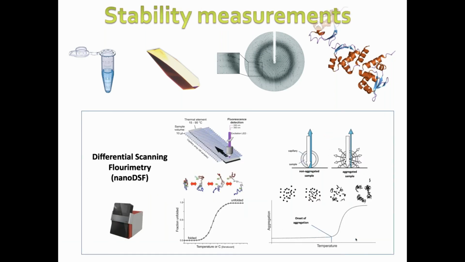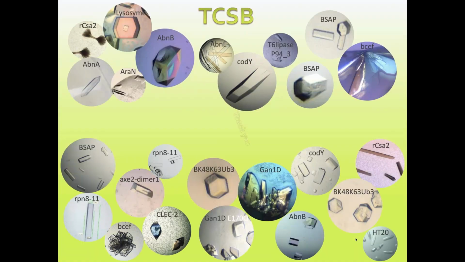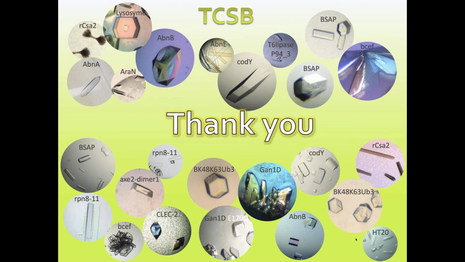So this is DSF. I will not explain much about it, but this is our biophysical unit. Many labs who are not interested in solving structures and just are interested in understanding whether the protein is stable or aggregated come and use our DSF. So basically, this is the TCSB, and I'd like to thank you very much for listening.